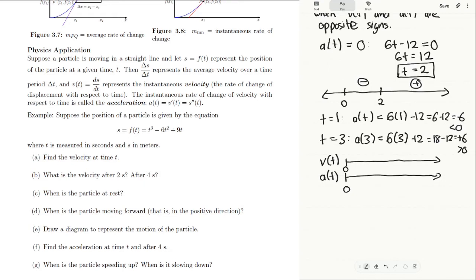For the velocity function, it was 0 at 1 and 3, and it was positive between 0 and 1, negative between 1 and 3, and then positive from 3 to infinity. For the acceleration function, we determined that between 0 and 2 the acceleration is negative, and between 2 and infinity the acceleration was positive.